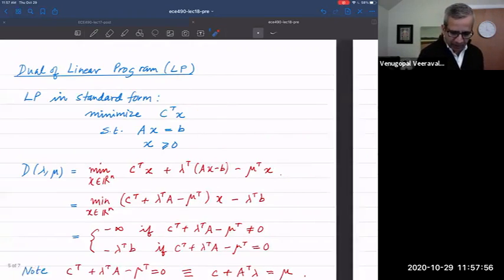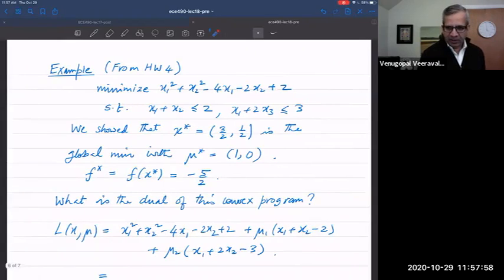All right. Okay, so now let's do another example to illustrate the strong duality, and we'll actually establish that strong duality holds for a specific example. And I might make you do one more of these kinds of things in your homework. So this is actually from homework 4. This is an optimization problem you solved in homework 4.